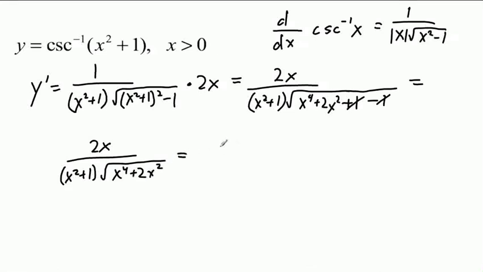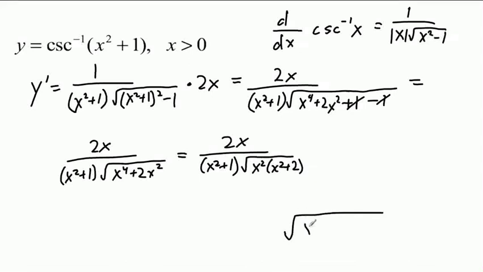Now, inside the square root, I can actually factor out an x squared. So it's going to be x squared times x squared plus 2.